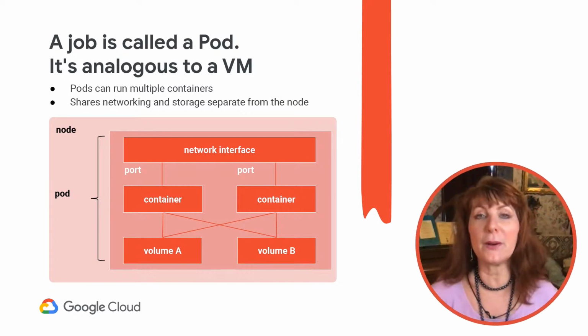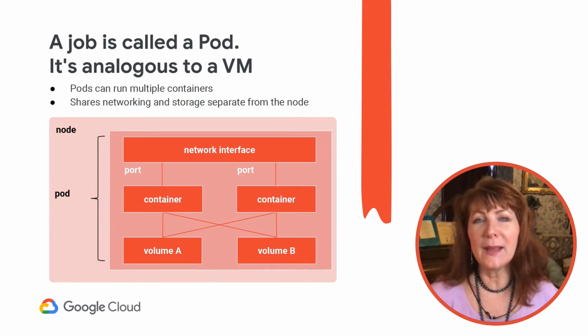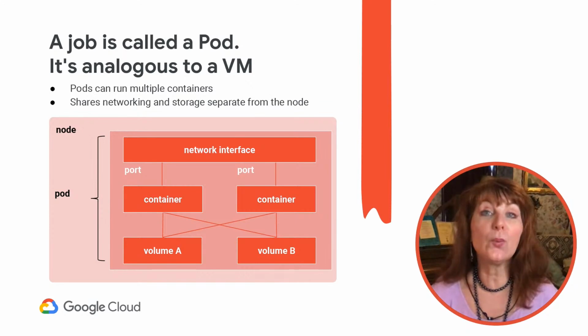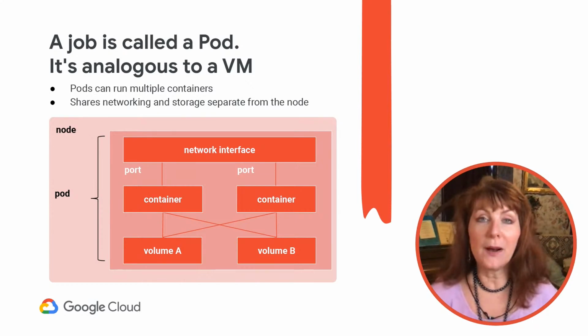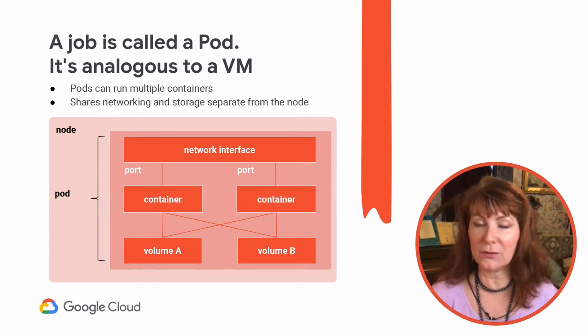But let's talk about a pod. In Kubernetes, a job is called a pod. It is similar to a VM, and it's the basic unit of deployment for containers. So it can run one or more containers, sharing networking and storage, that are separated from the underlying node itself. Pods, as we mentioned before, are the smallest, most basic deployable objects in Kubernetes.